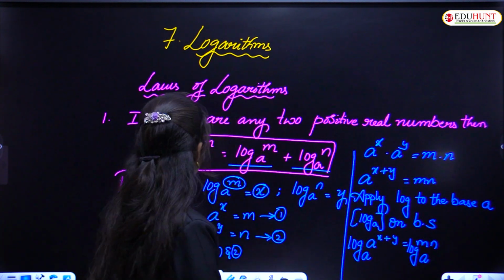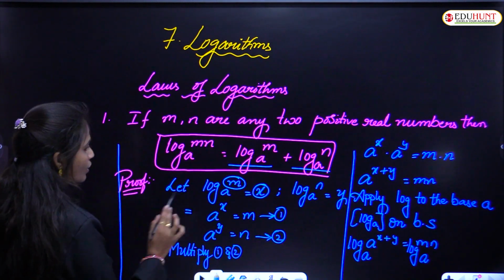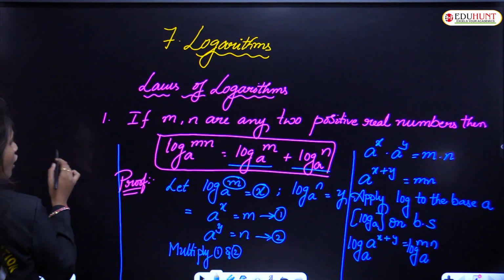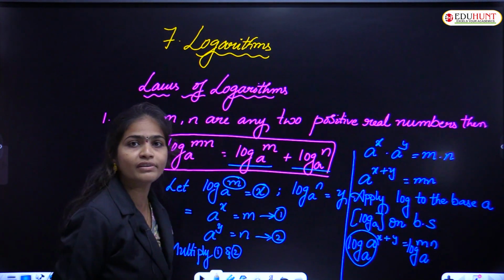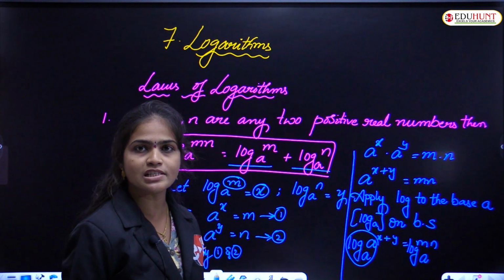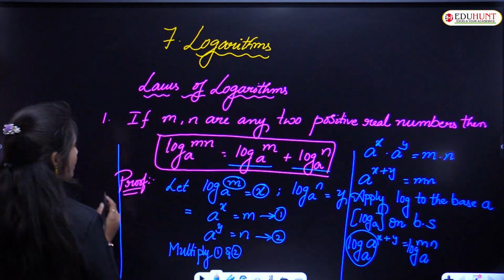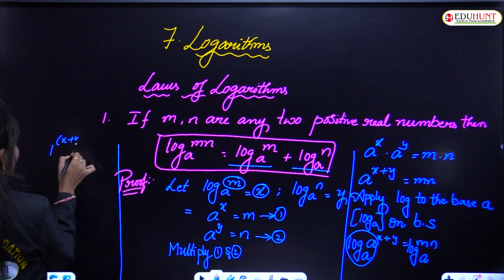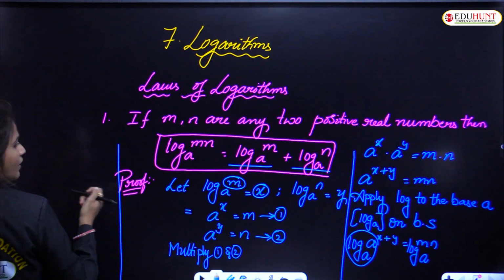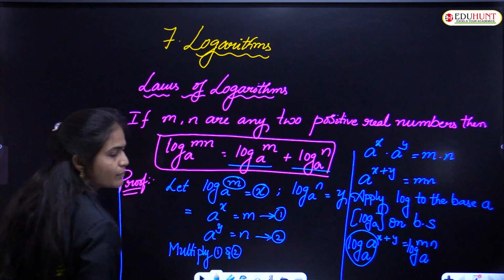Okay, so what will happen here? See that. After getting that log a base a, here we can observe that log a base a value. Already we know that log a base a value is always equal to 1. Yes, very good. So which is equal to 1 power x plus y. Actually we will write this one as log a to the base a value is equal to 1, no?